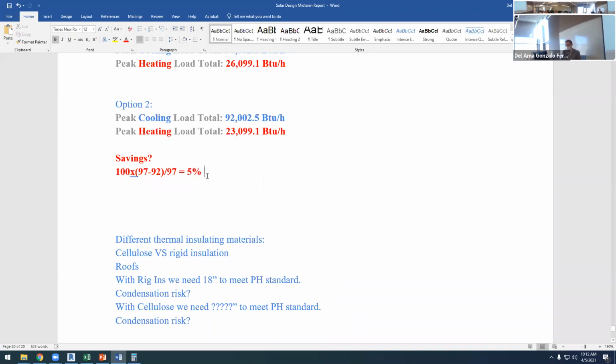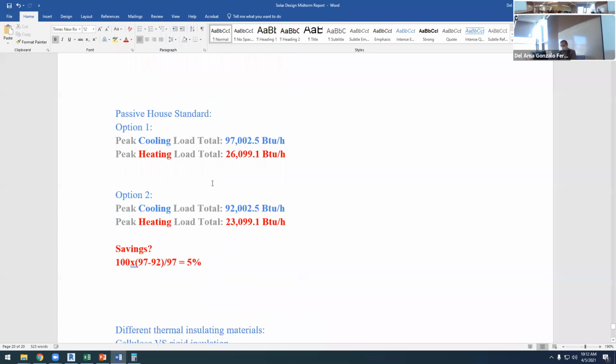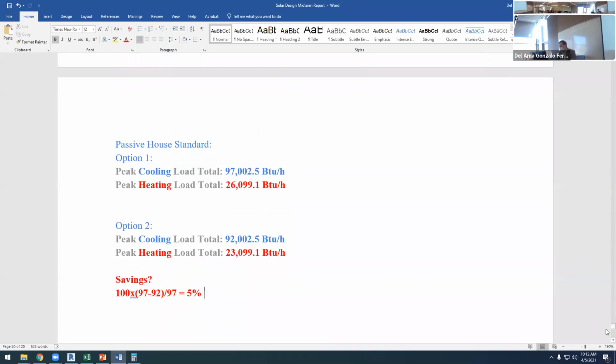But this is a conclusion. After analyzing this, you have this conclusion. It's not worth changing the walls because if we want to save 5% of energy, it's not worth it. Okay, so that would be one of the conclusions of this.